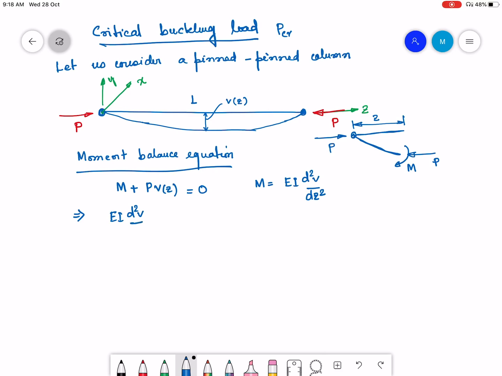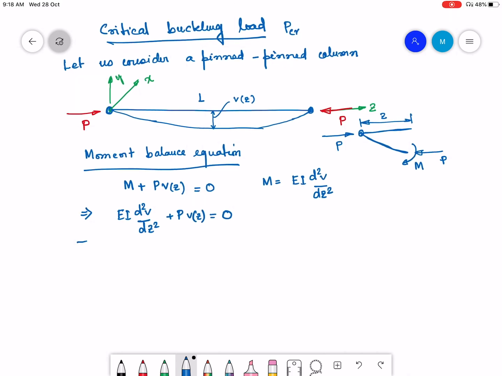So this equation can be written as EI d2v by dz square plus P v(z) is equal to 0. This can be further simplified as d2v by dz square plus P by EI into v is equal to 0. Let me call P by EI as mu square.